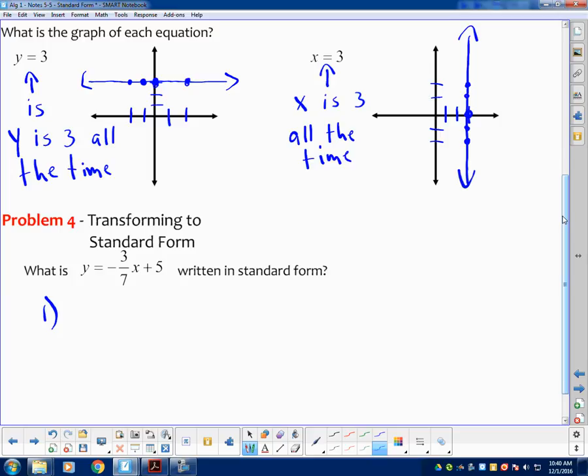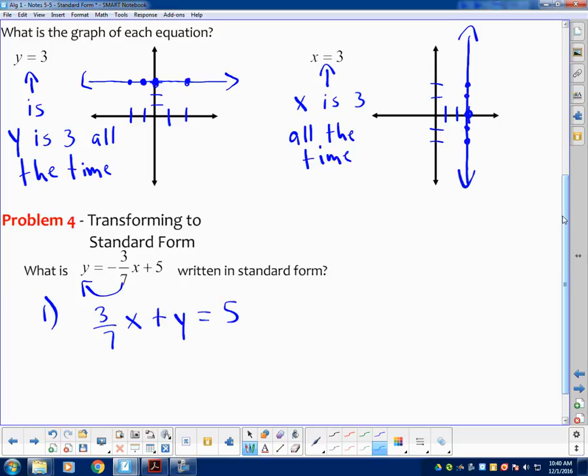Well, I can move this term over to the other side, add 3/7 x to each side. It cancels it out on the right and moves it over to the left. And I'm going to write the 3/7 x in front of the y. So I'm just moving or adding that 3/7 x over to the left-hand side is the way I think about it. So we're adding 3/7 x to each side.